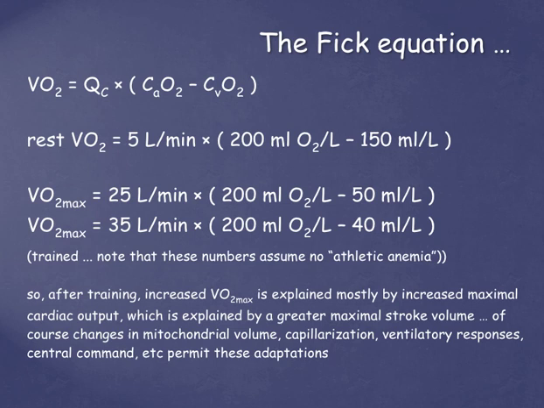And of course, the muscles are able to extract and use more oxygen. And it really goes the other way around: the muscles are able to use more oxygen, so they create a greater gradient, which sucks the oxygen out of the blood. So altogether, you can see how exercise affects cardiac output and pulmonary function, oxygen carrying capacity, and the actual amount of oxygen in the blood, and how these are affected after training.